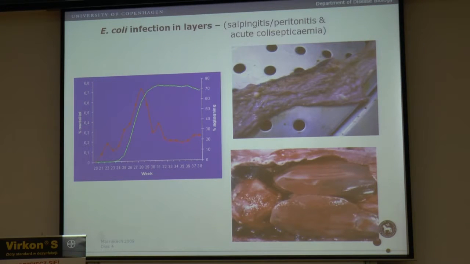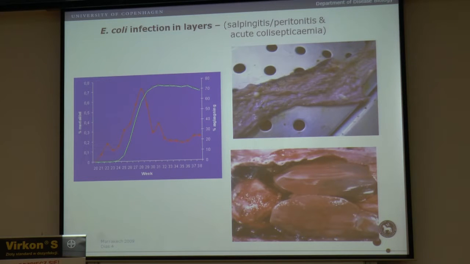When we go to the layers, also broiler breeders, of course, and look at the salpingitis peritonitis, a common appearance in the flock would be as shown on the graph on your left, where we see with the green color the start of lay, and very often in association with this start of laying, we also have the coli salpingitis appearing.